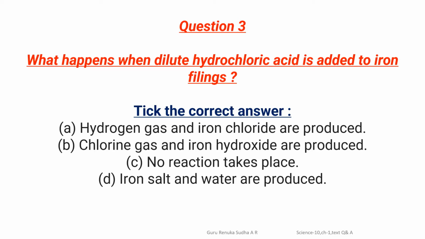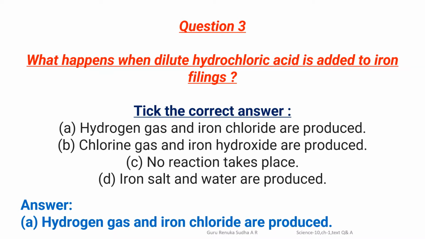Chlorine gas and iron hydroxide are produced. No reaction will take place. Iron salt and water are produced. See what happens when any metal reacts with HCl, any acid. You are going to see the liberation of gas, and the iron or metal combines with chlorine and forms a metallic chloride.